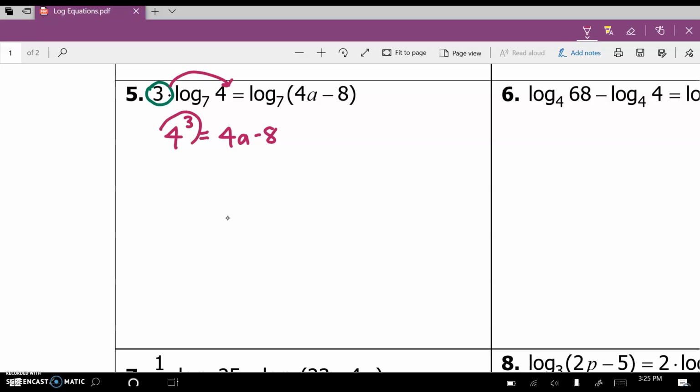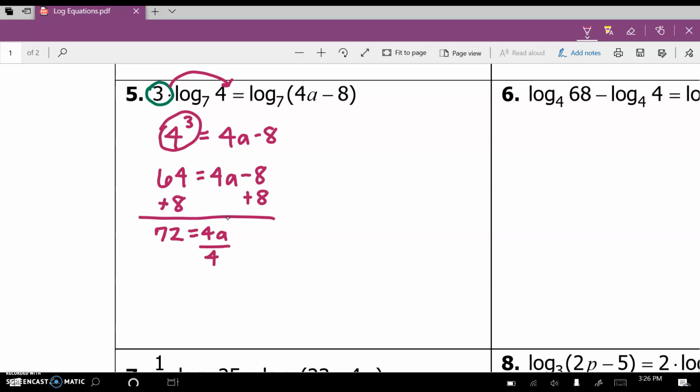So then 4 to the third is 64. 4a minus 8. Okay, I'm going to get like terms together, so I would add 8 on both sides. 64 plus 8 is 72. And then divide by 4. And 72 divided by 4 is 18.